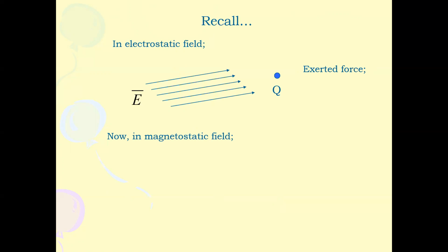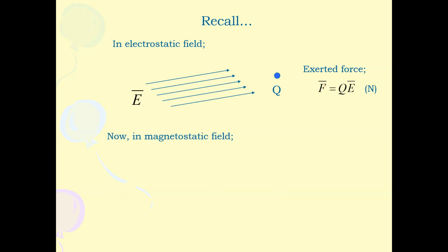If we can recall, if we have a point charge Q, and the point charge Q is applied with an external electric field E, then there should be a generation of force, given by the equation F equals QE, formed based on Coulomb's law principle.